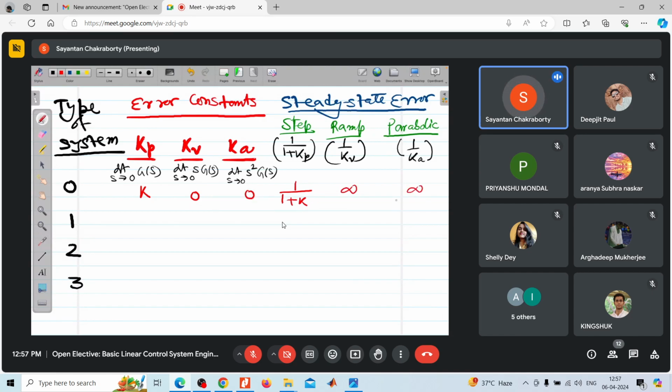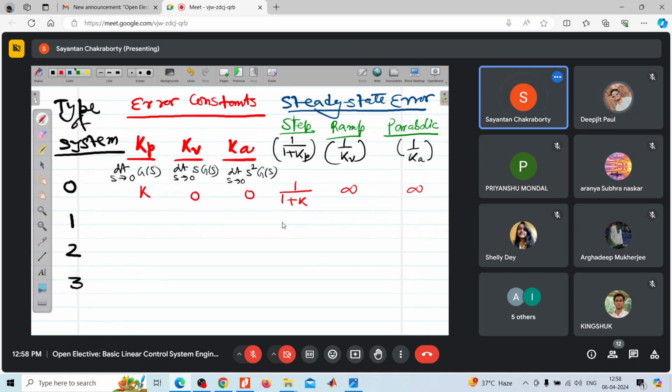So a type 0 system can follow only a step input, that too with a finite steady state error given by 1/(1 plus k). If by some means you can increase the value of k, the steady state offset will reduce, right? So we have to find out some means to increase the value of the gain k. That is the open loop gain or the steady state gain of the system.